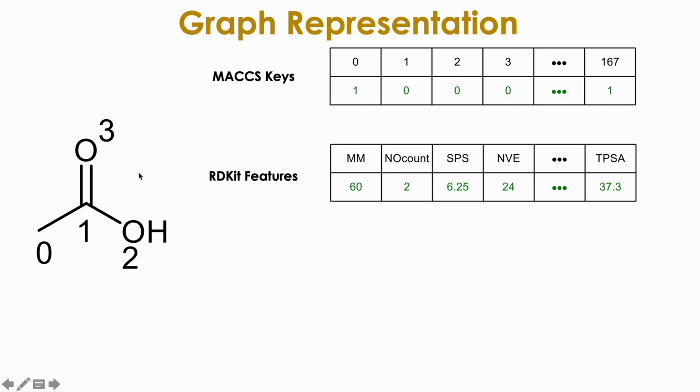And O count basically represents the number of oxygens, which are 2. SPS is another descriptor. Number of valence electron is 24. TPSA is another descriptor here with a value of 37.3. So all these traditional descriptors represent the global attributes of these molecules, which we can train using different models like linear regression or random forest or even neural networks.